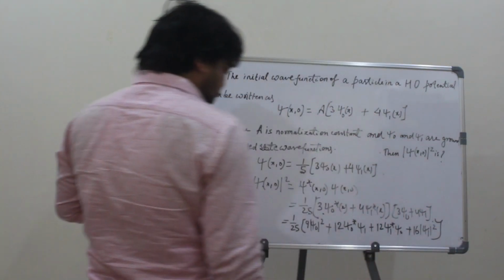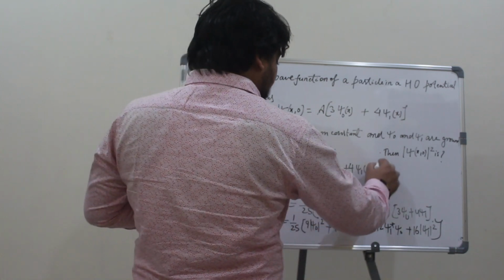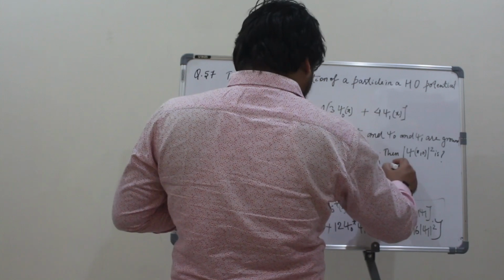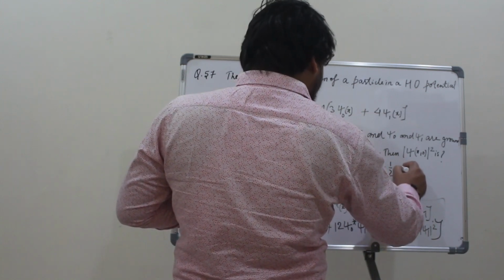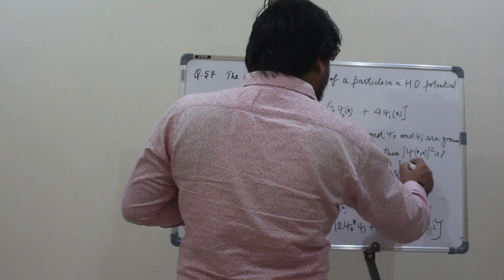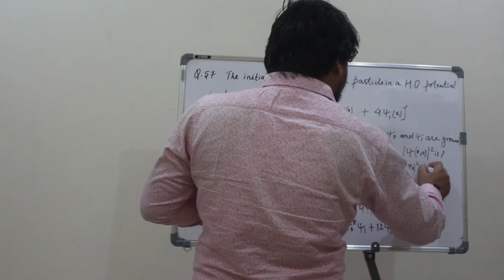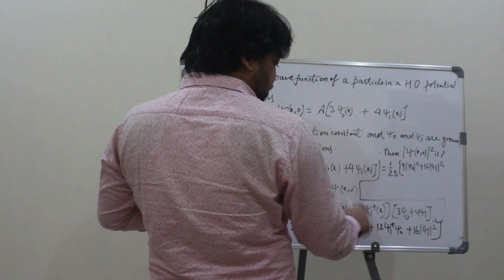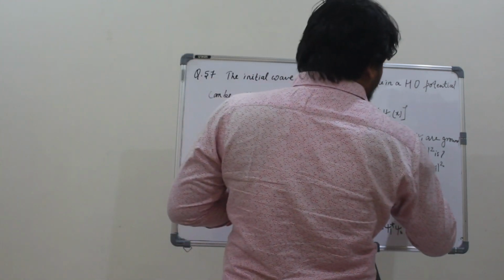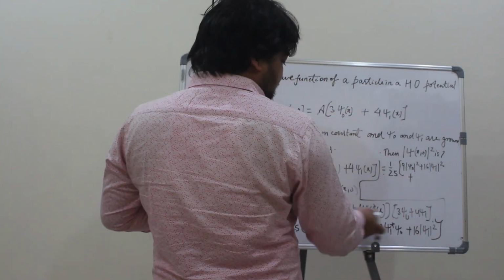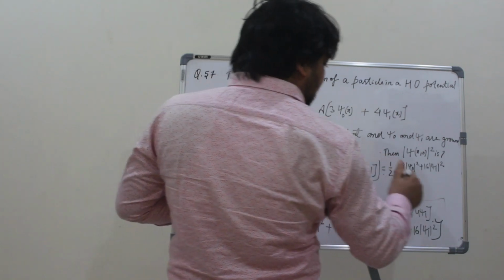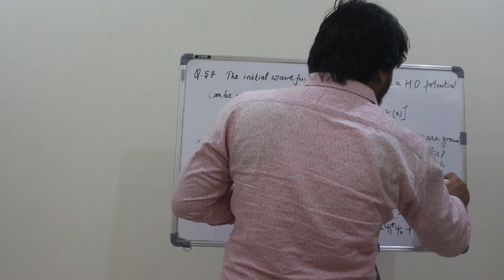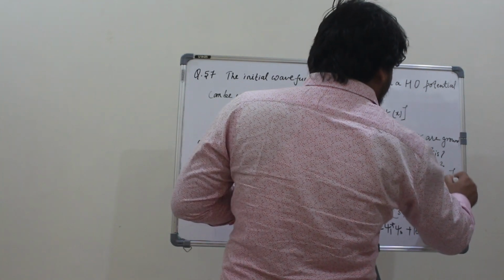Now if you look at it very carefully, what exactly it gives you is 1 by 25 times 9 mod psi naught square plus 16 mod psi 1 square plus 12 plus 12, 12 two times, basically it is mod psi naught mod psi 1 multiplied by 2. So it is 24 mod psi naught mod psi 1.